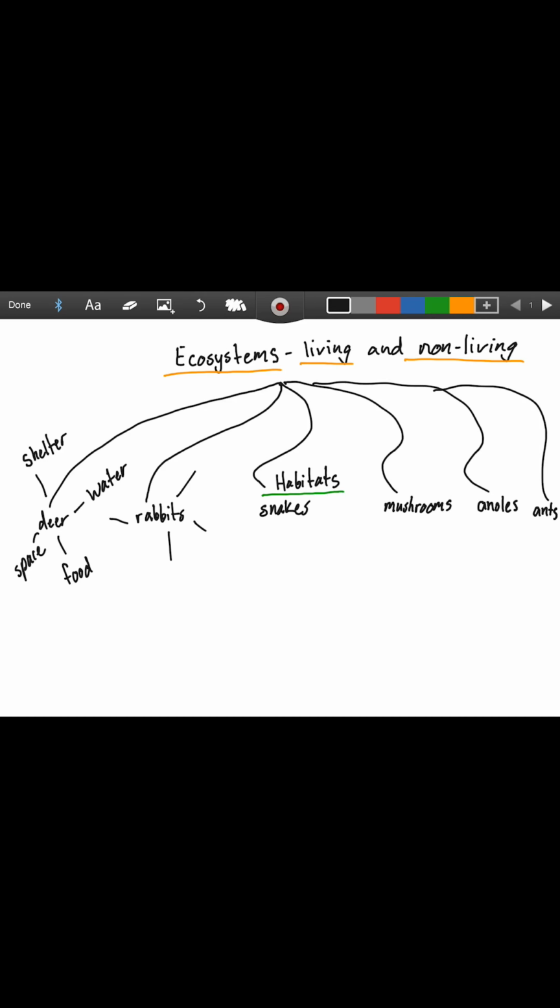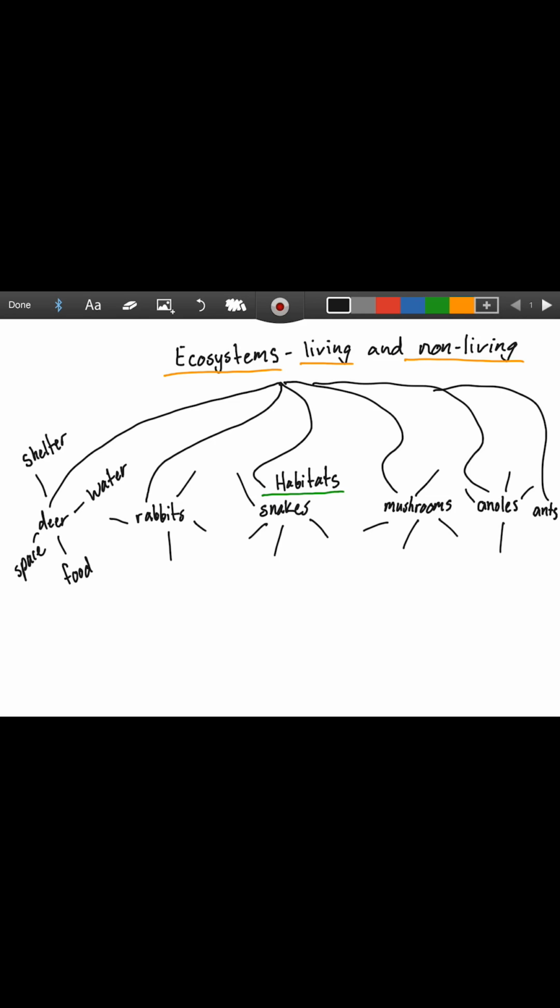And again, the more expert you become at this, the more of these lines you can add to each habitat. We're not going to worry too much about getting into detail, because today we just want to know the difference between habitats and ecosystems. I know that when I first learned it, it took me a long time.